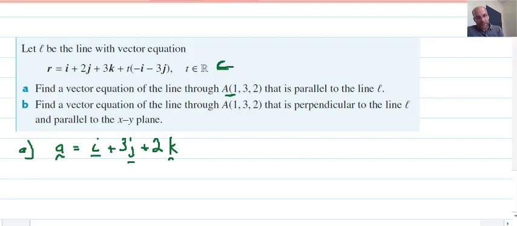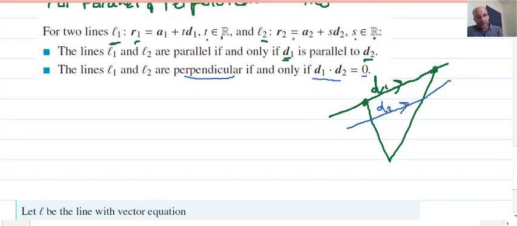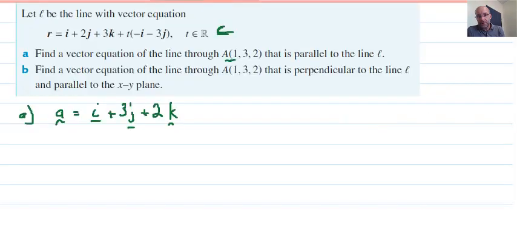Now we just noted above that for them to be parallel, D1 has to be parallel to D2. So this would take the place of D1, and a parallel vector is a scalar multiple. Let me call this R2, if we call that one R1. So the vector that is parallel, we'll call R2.